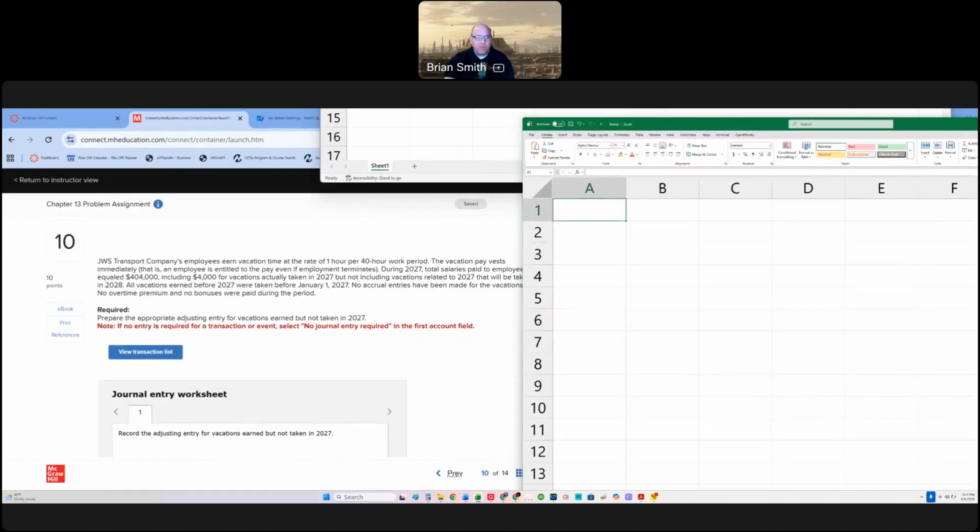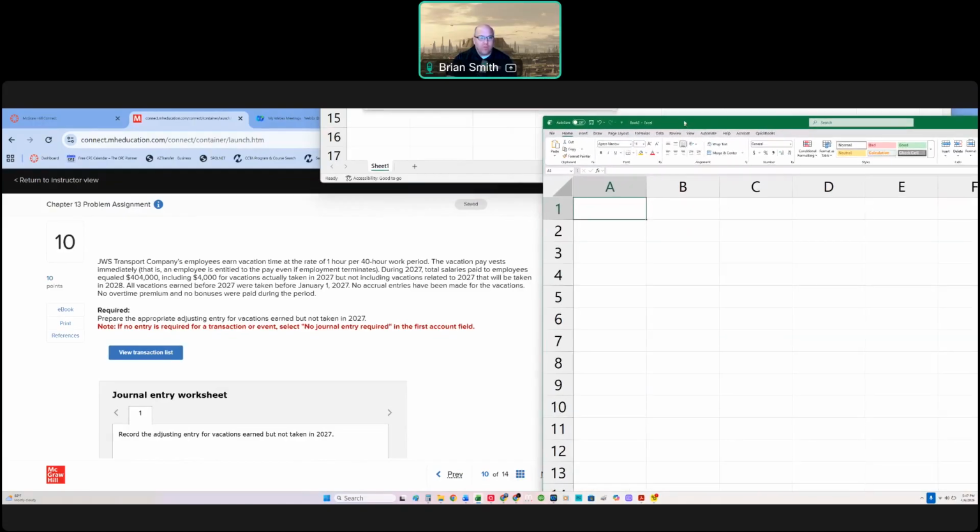Employees earn vacation time at the rate of 1 hour per 40-hour work period. Vacation pay vests immediately. Total salaries paid to employees were 4,000. But where's the rate of pay?